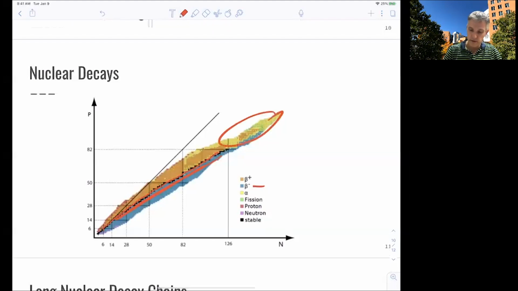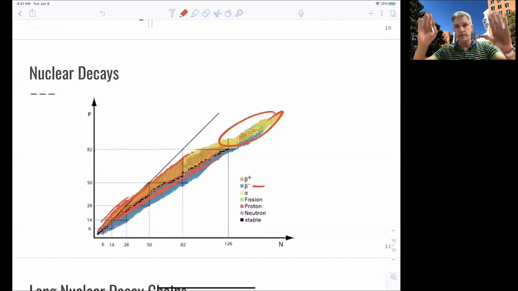And for very heavy nuclei, we find alpha decays. Proton decays are seen at the very boundary here, and nuclear fission processes where the nucleus spontaneously breaks up. We haven't discussed them in detail, but you can think about them very similarly to the alpha decay.